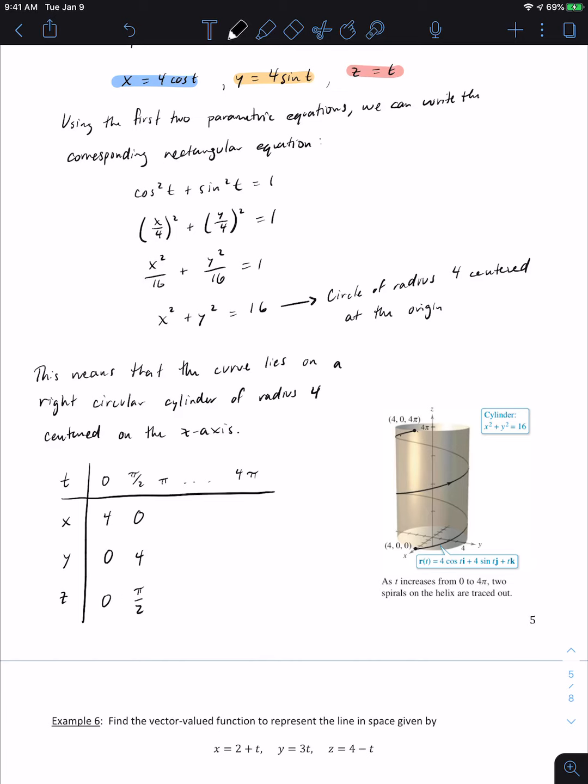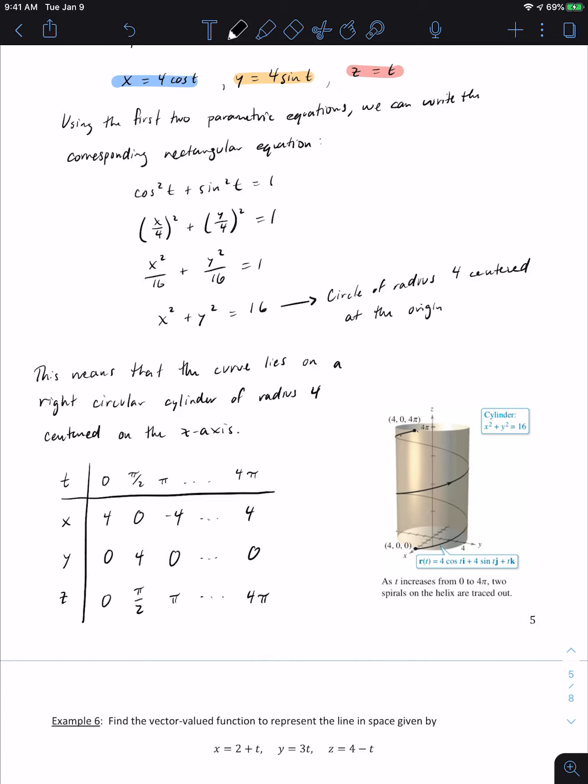This one had a height of 0. Now when I plug in pi, I get negative 4, 0, pi. So in other words, it goes a little bit higher and still around the circle. Now we would do all those points in between, but the last point would be 4 pi. Well, 4 pi is a multiple of 2 pi, so cosine would be 1, which means x would be 4, sine would be 0, and z would be 4 pi. So it'd have a nice big height.